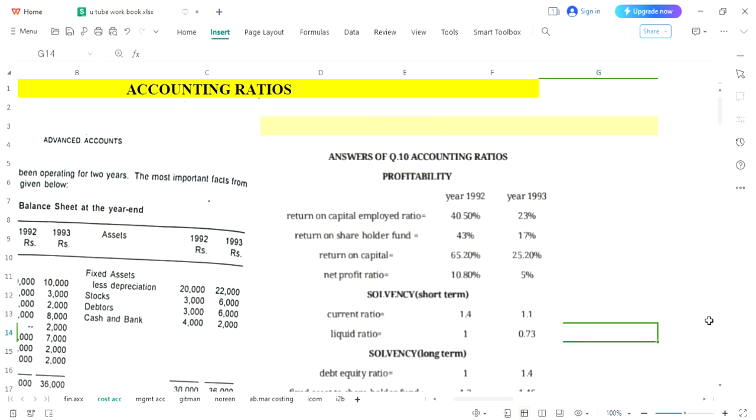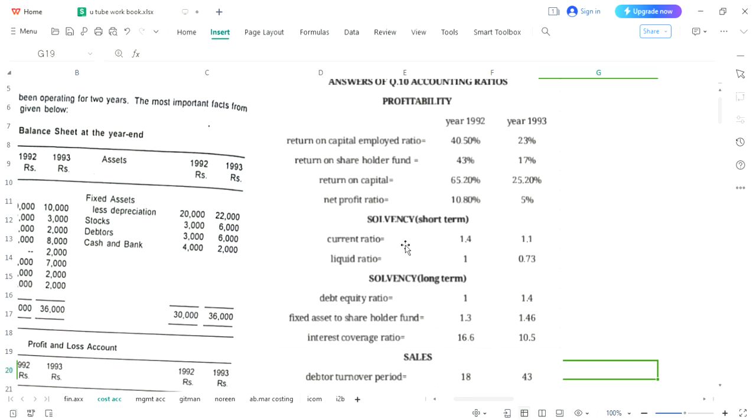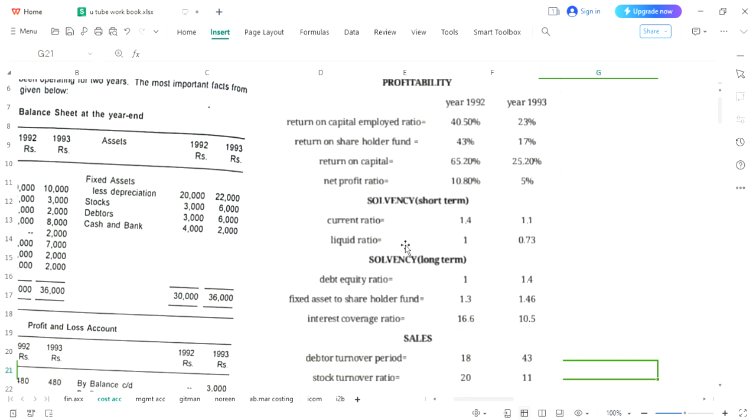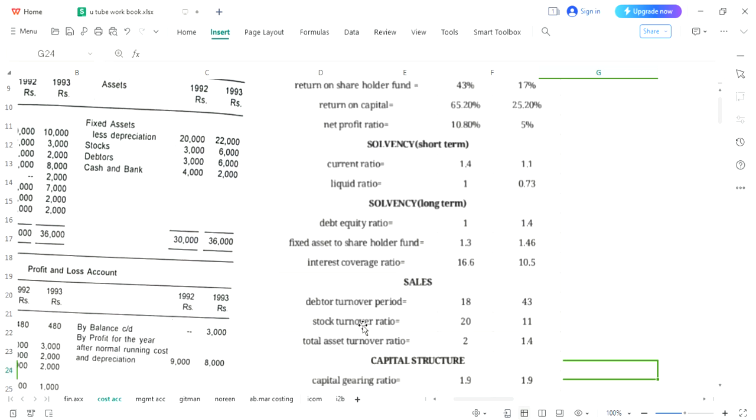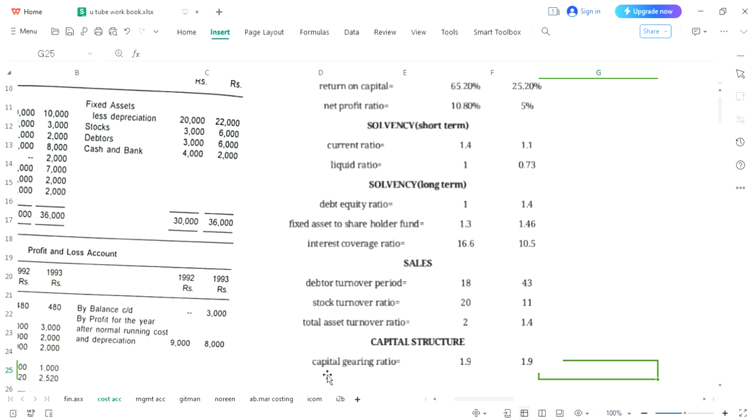But note it down, there are a few very important things. Please underline return on shareholder fund first, then interest coverage ratio second, then capital gearing ratio, which is number 3.